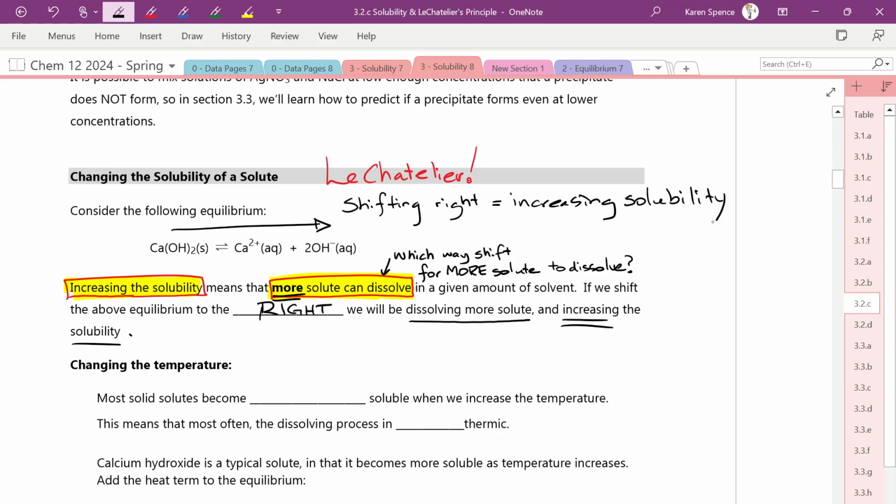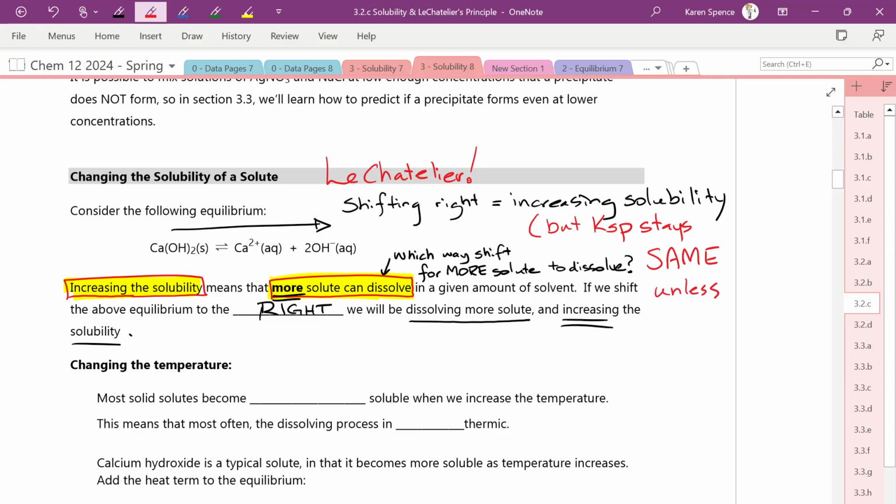What happens to the KSP most of the time? Goes up. Oh. What's K? What does K stand for? Constant. But KSP stays the same unless what?